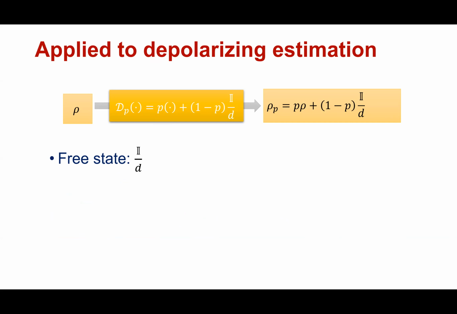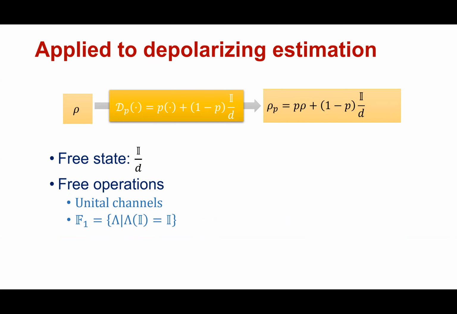The only free state is the maximally mixed state, and free operations are unital channels. So these free states and free operations just coincide with the resource theory of purity. Therefore, we can say that purity is a resource for depolarizing estimation.